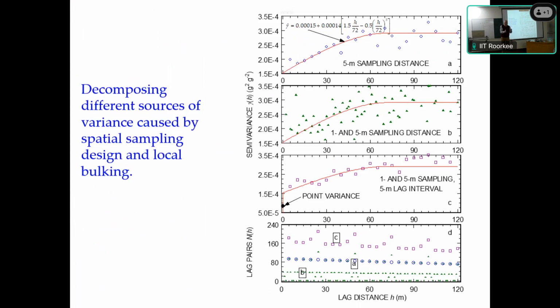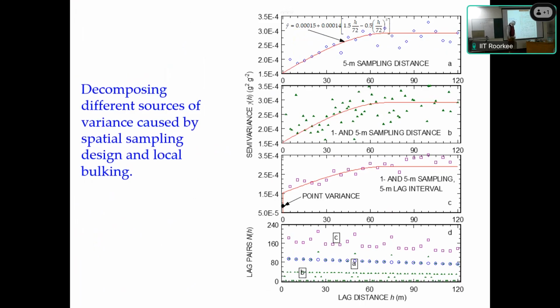So all data separated up to 5 meters come into this class, and then an average weighted lag distance is computed for this class, and then the semi-variogram value is computed. So here we would not get a straight 5 meter lag distance. It would be less because we have also individuals that are only 1 meter separated. And then for the next higher class, it all goes up from 5 meters. So 5 meter, larger than 5 meter, up to 10 meters.